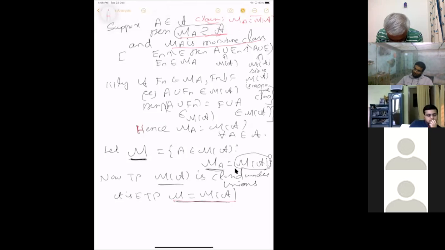But what does this being true mean? By definition, it is all those sets such that if you take the union with A, that is in M of A. That means that A union B is there, for all those sets. This is true for all sets in A. It's closed under union. It's a direct thing.